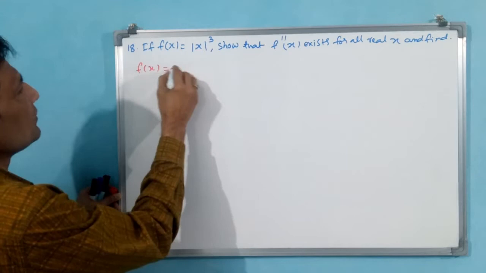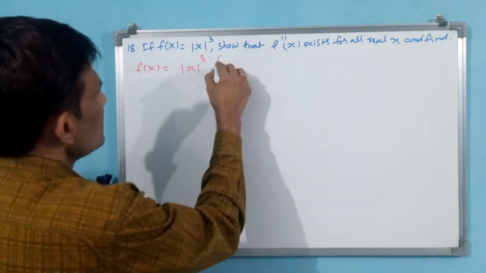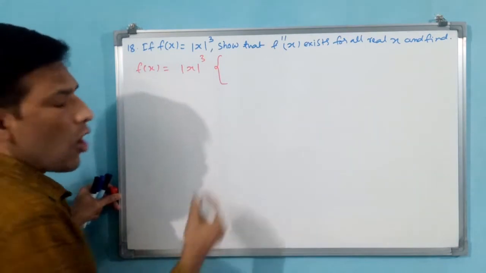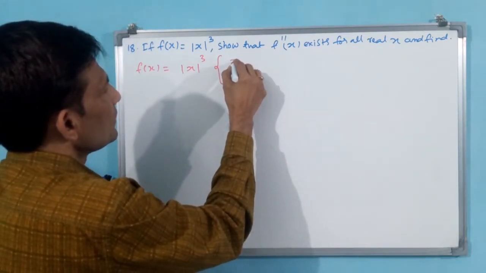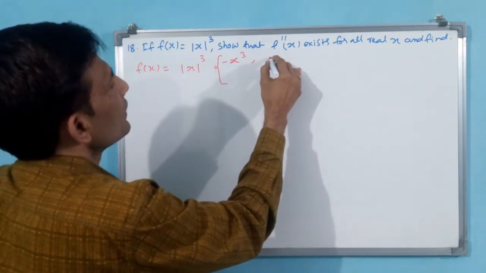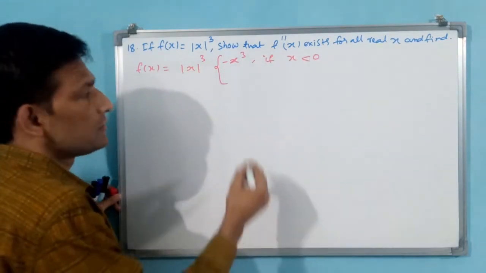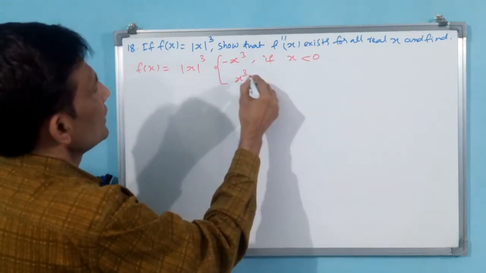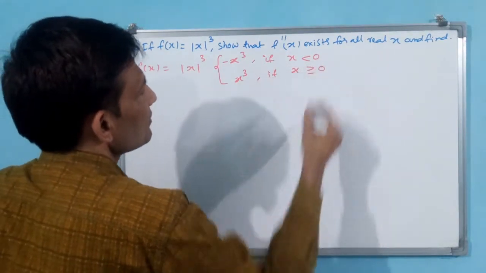f of x is equal to modulus of x cube value. It gives minus x cube if x is less than 0, and x cube if x is greater than or equal to 0. Is it correct?